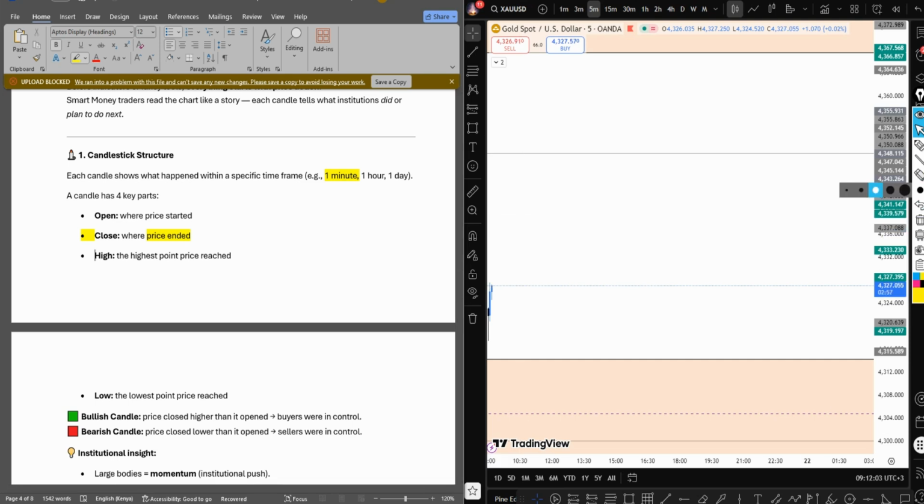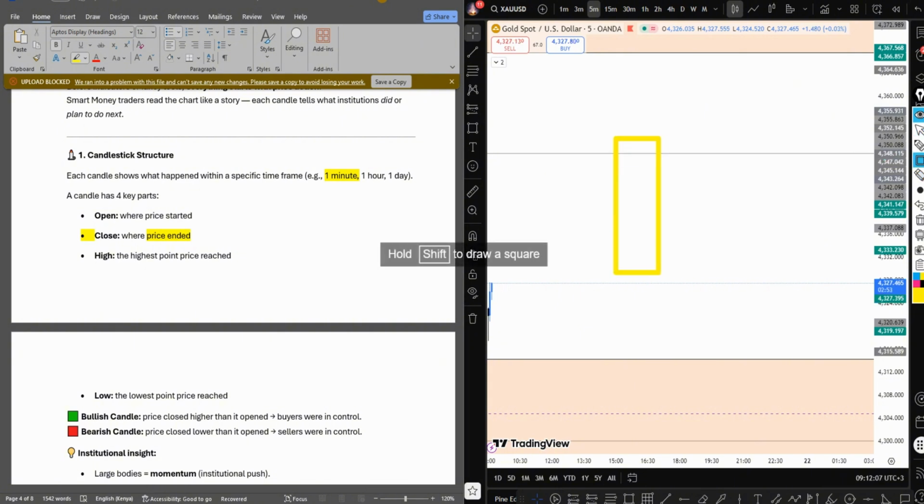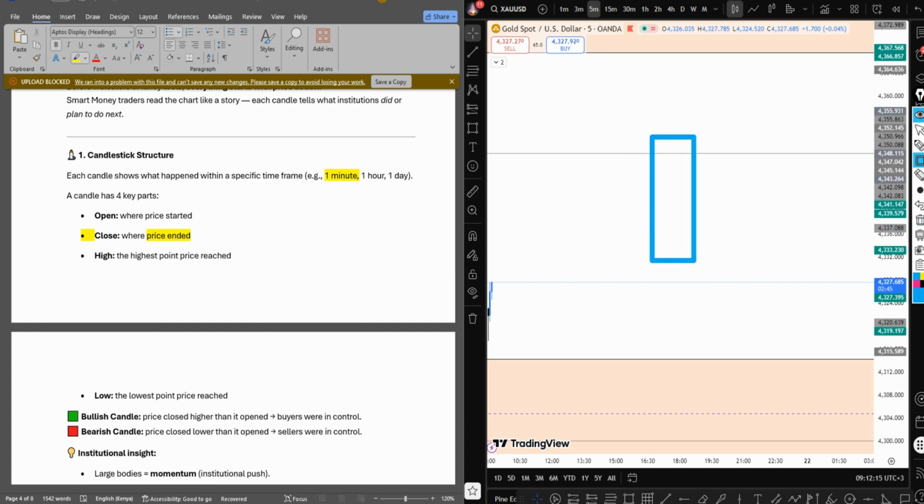So a bullish candle is described by, let me mark this. So this is a bullish candle.